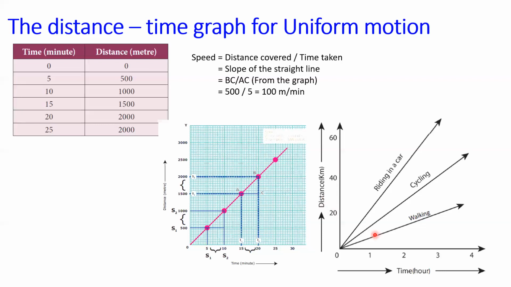But when you compare with traveling by cycle, the distance covered may be more, and the speed is going to be more when compared with walking. When you go by car, the distance covered by the car in a particular time is going to be greater when you compare with either cycling or walking. So the speed is going to depend on the distance traveled.